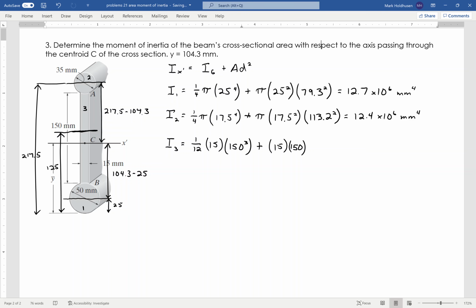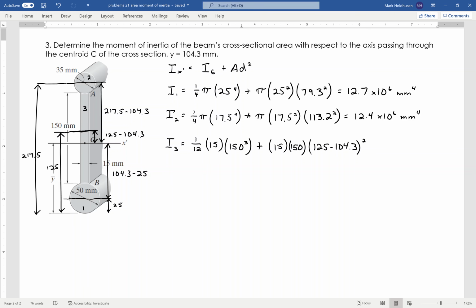That means the distance between the two, it's getting a little dicey in here, is going to be 125 minus the 104.3. I don't actually have the number, so I'll just throw it in right here: 125 minus 104.3 squared.